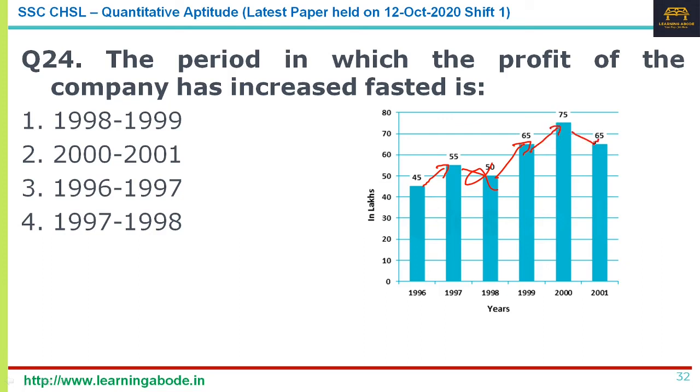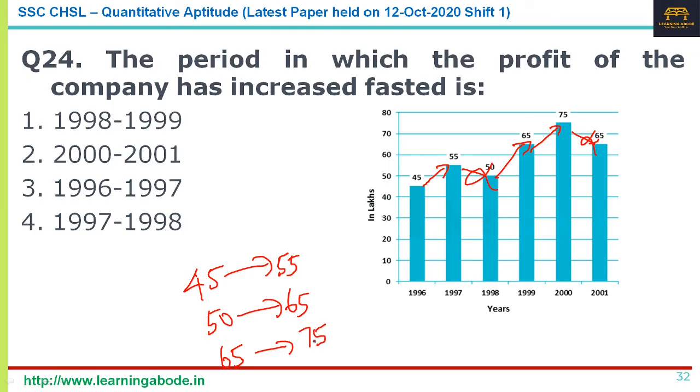Now this one you don't have to consider. So 45 becoming 55, 50 becoming 65, and then 65 becoming 75. Now which of the 3 is higher?